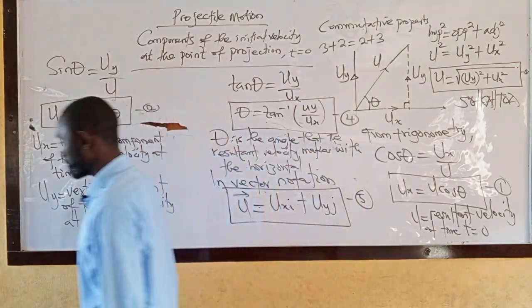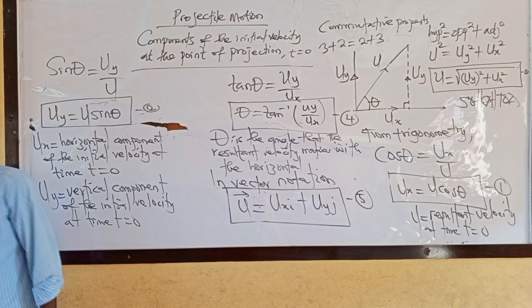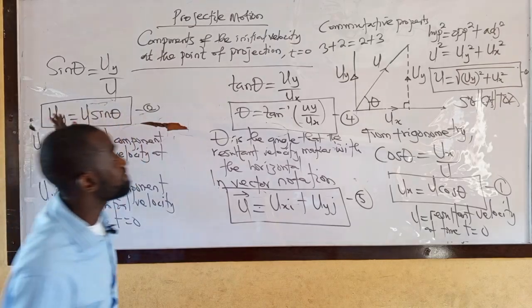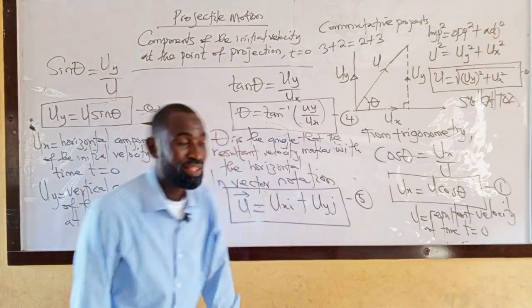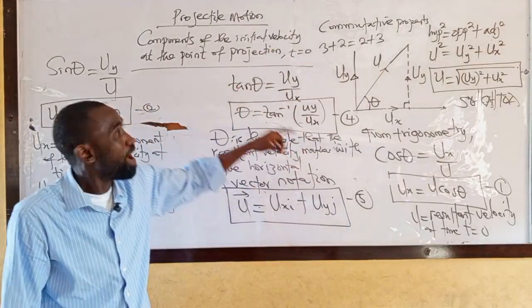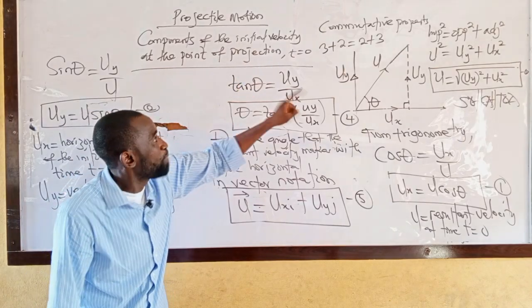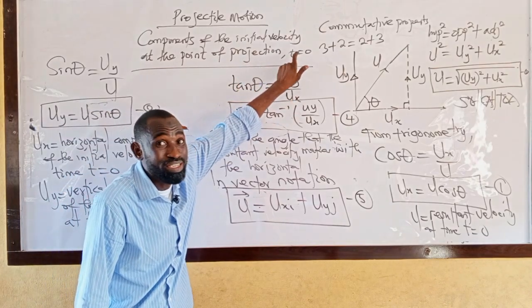So let's move to the second one, which is the acceleration, velocity, and displacement in x and y direction at any time t after projection. All the things I've discussed here occur at the point of projection, meaning where t equals 0.